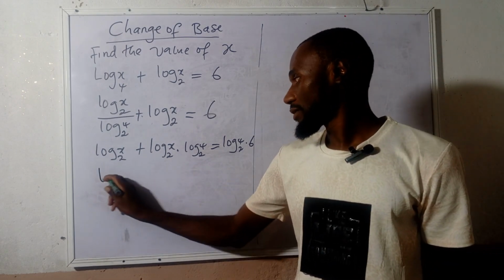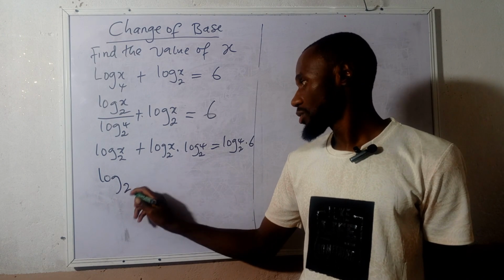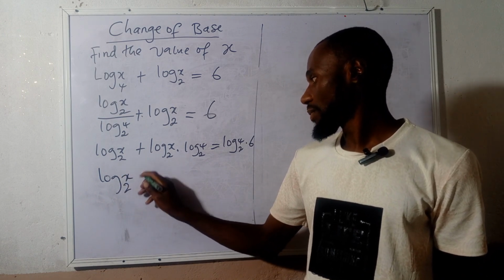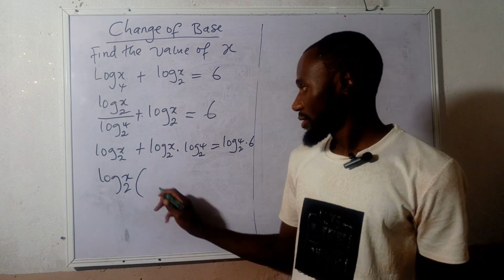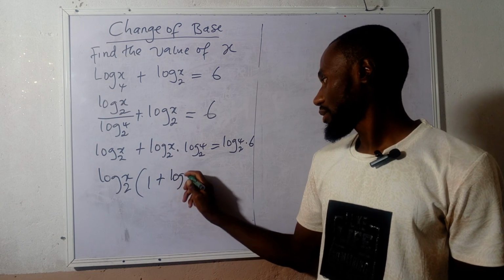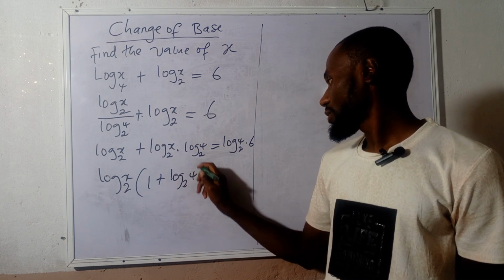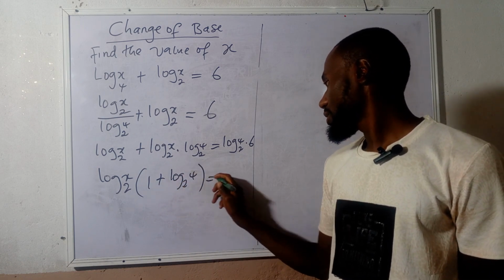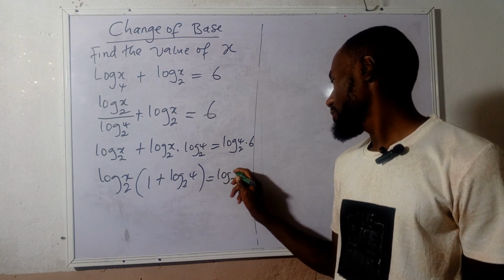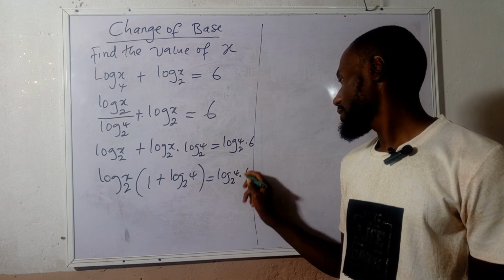We have log 2x. Outside we have 1 plus log base 2 4. This is equals to log base 2 4 multiply by 6.